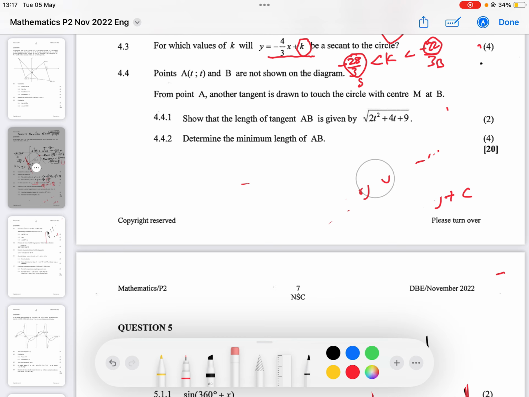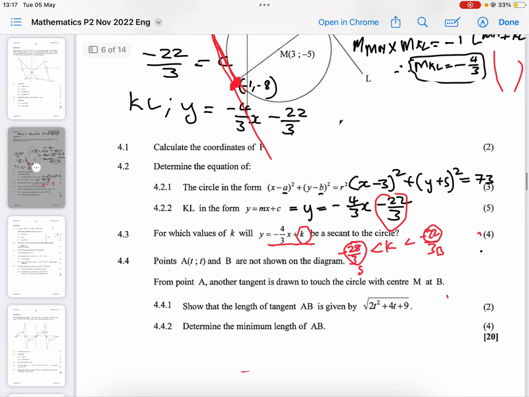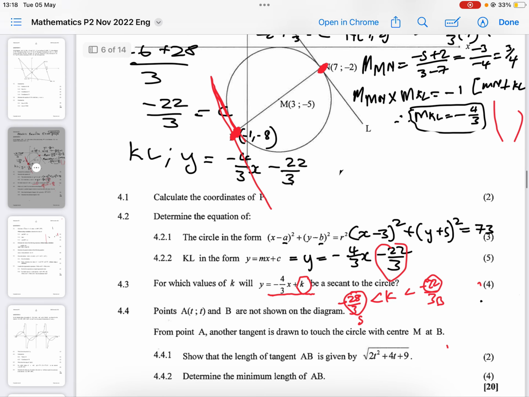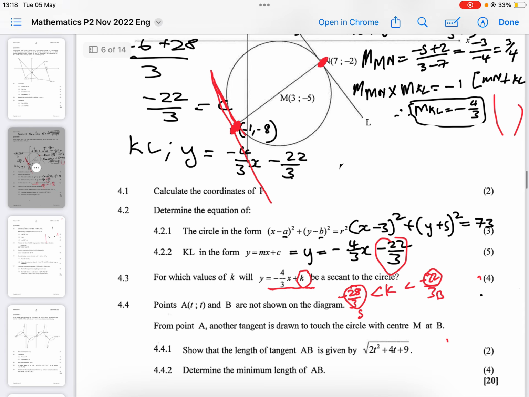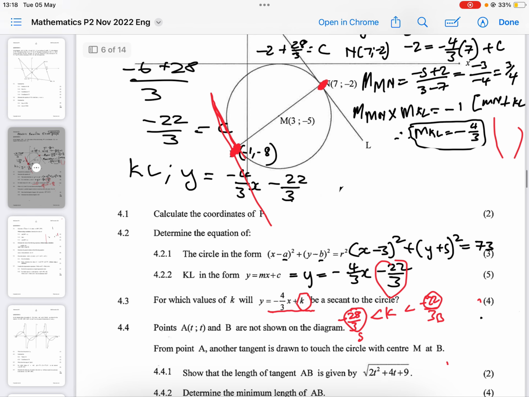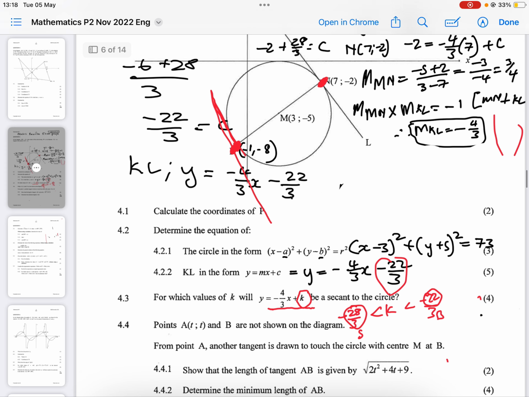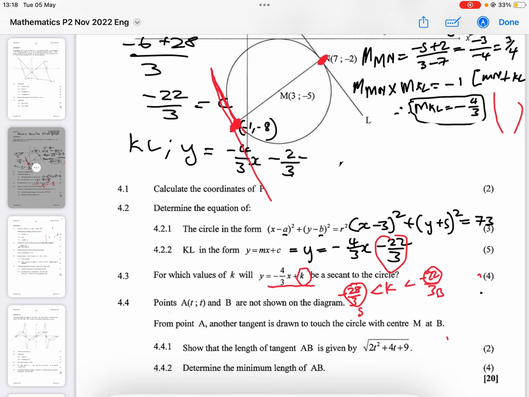From point A, another tangent is drawn to touch the circle with center M at B. So it means now we know where B stands, because this is the same circle, but point B lies on the circumference because it's a tangent at B. Maybe let's say, for example, B will be on the circumference here.